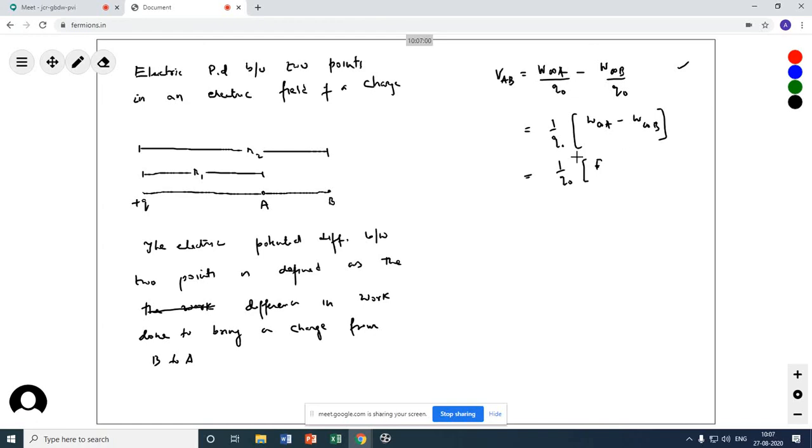Or can I write this as the delta change? So let us do it like this: it is W AB by Q naught, the change in work done between these two only. Sorry, Q naught I have already taken.